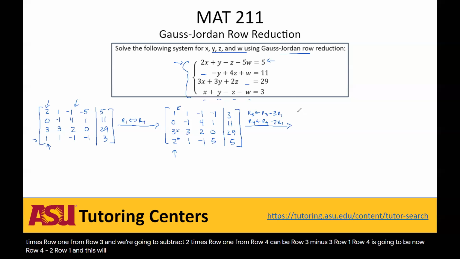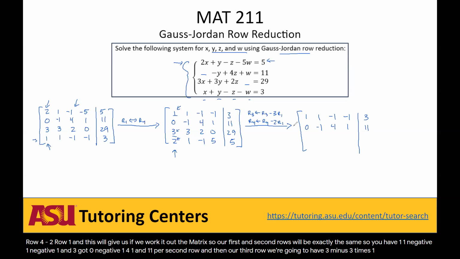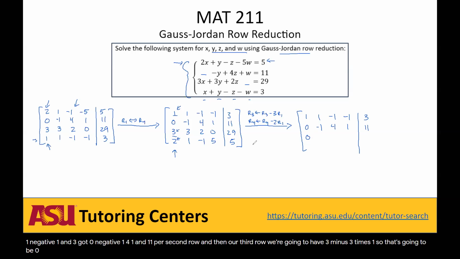And this will give us, if we work it out, the matrix. Our first and second rows will be exactly the same. So you have 1, 1, -1, -1, and 3. Then 0, -1, 4, 1, and 11 for our second row. And then our third row, we're going to have 3 minus 3 times 1, so that's 0. Another 3 minus 3 times 1, so again 0.